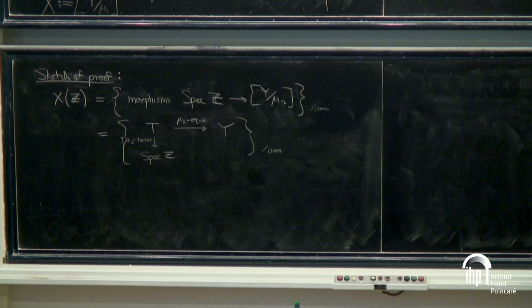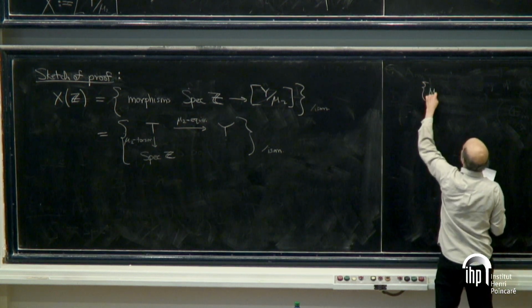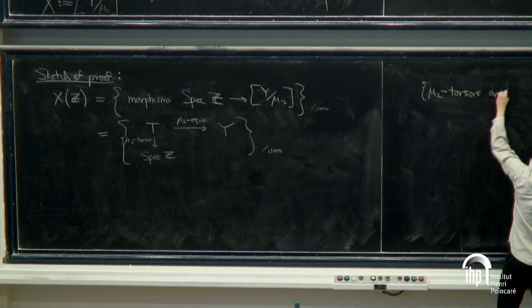So I'll have a little side calculation. Okay, so let's see, what are the mu2 torsors over Spec Z?